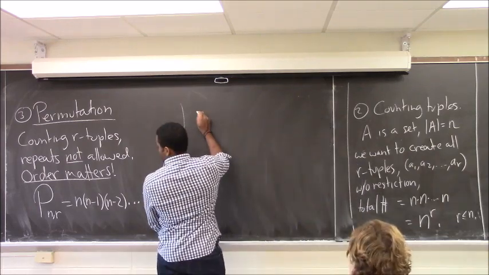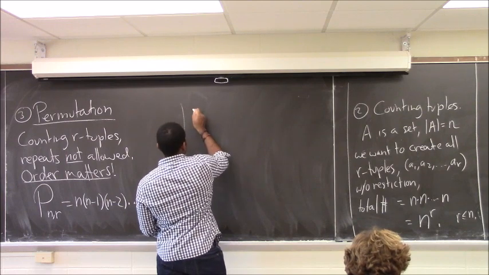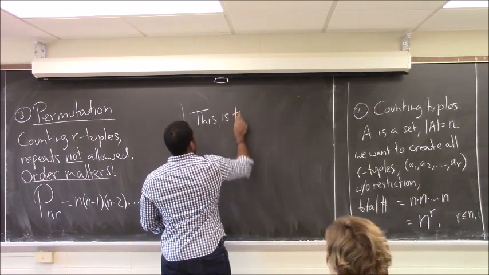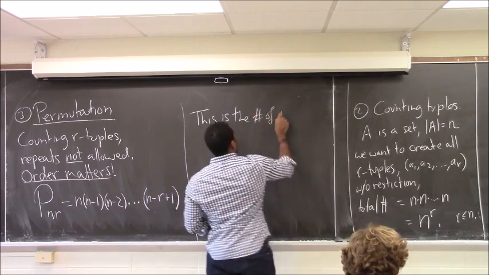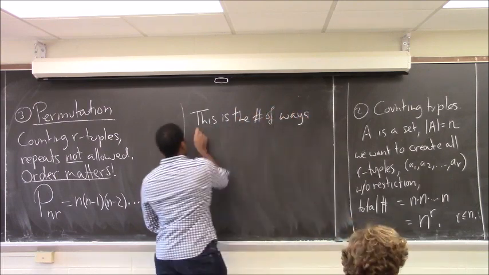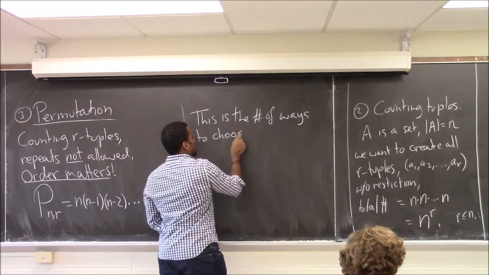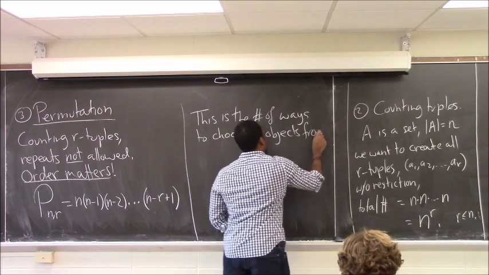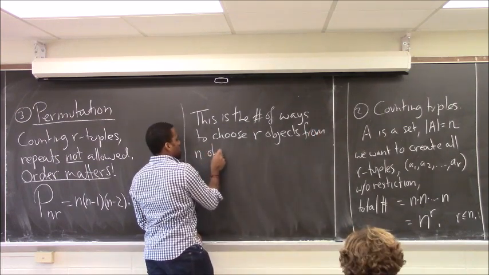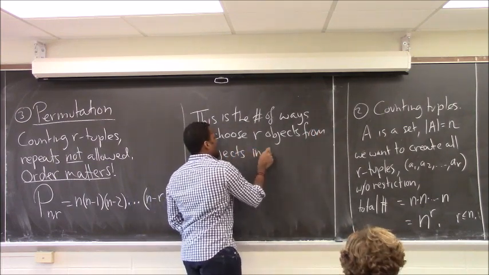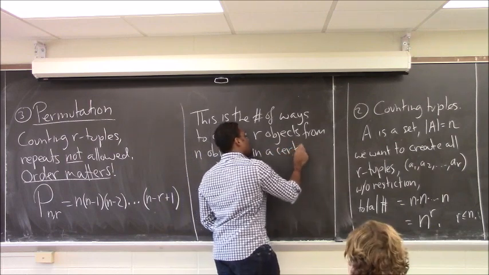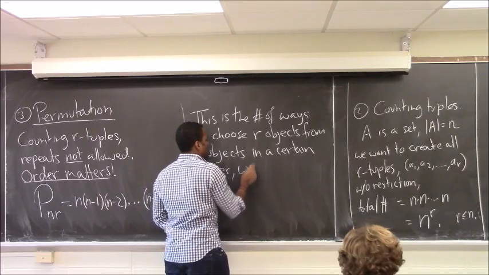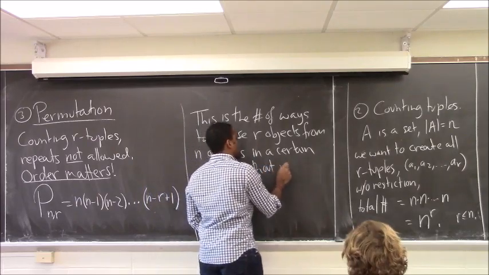Now, I don't remember if I mentioned this, but what you want to take away from this is the number of ways to choose r objects from n objects in a certain order, without repetition.